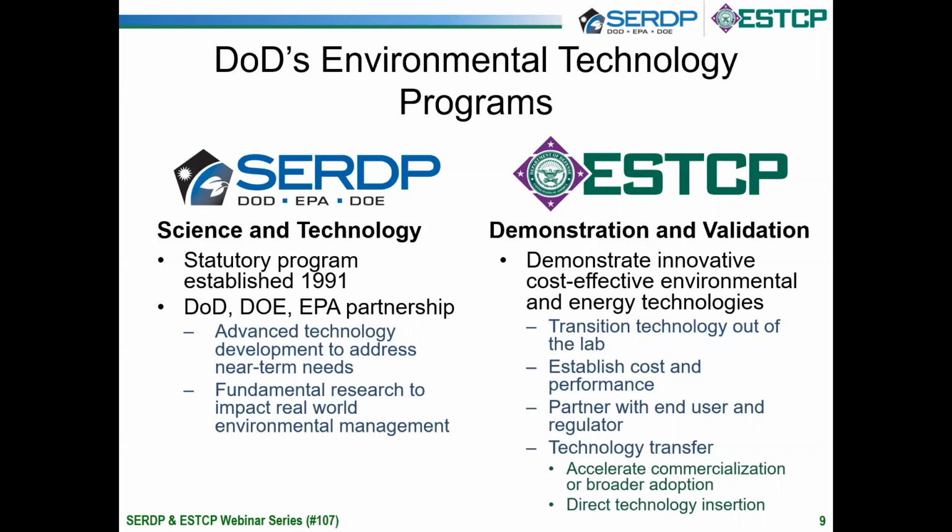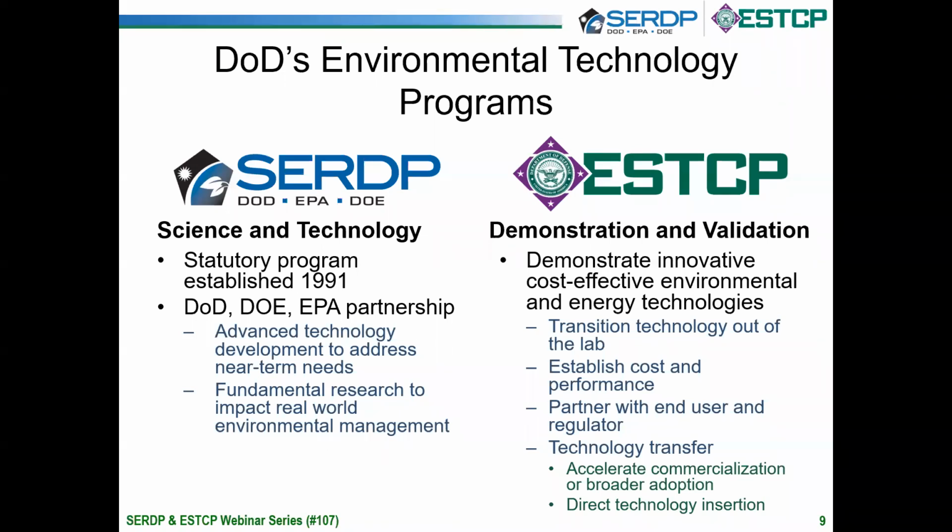CERTUP and ESTCP are the DoD's environmental technology programs, and how they differ is that CERTUP is our science and technology program. Really, this is our research and development. And it is operated as a partnership between the DoD, the Department of Energy, and the Environmental Protection Agency. We work very closely, really co-manage CERTUP with ESTCP, which is our demonstration and validation program.